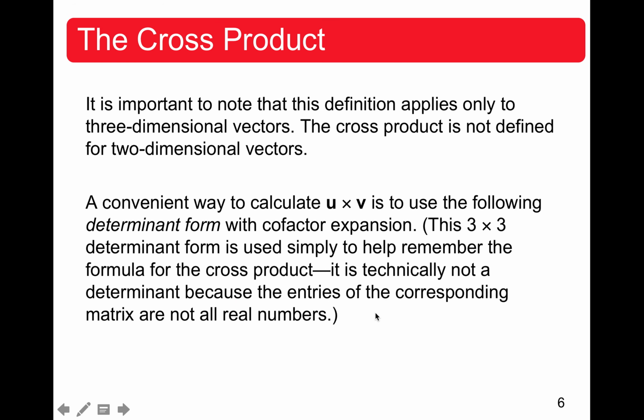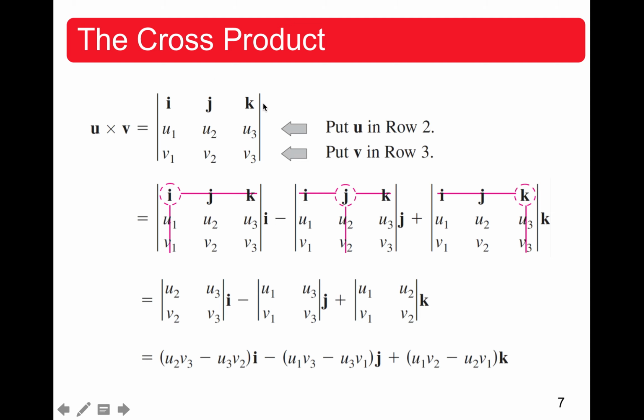So this hopefully looks familiar, like when we were doing matrices, thinking of the 3x3 matrix and finding the determinant. We are going to use that idea of the determinant. We're not technically finding the determinant, but we're using that setup to find the values that we're looking for. So this goes back to our matrices.